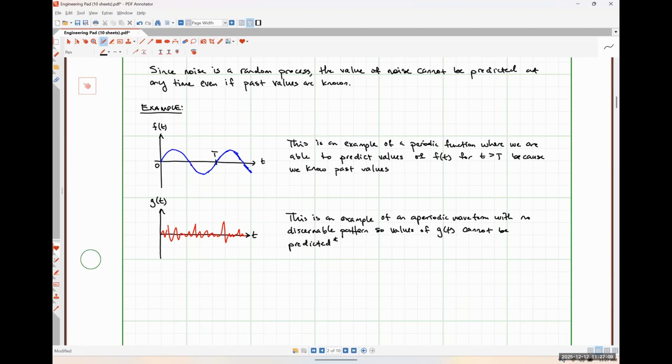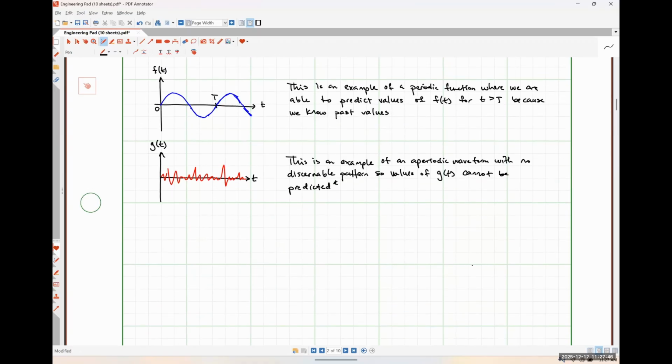So if noise is a random process, how can we do any kind of analysis that tries to take it into account? Okay. So the instantaneous amplitude of the noise can't be predicted, but the average power typically can, because usually noise is going to fall into a well-behaved probability distribution, right?